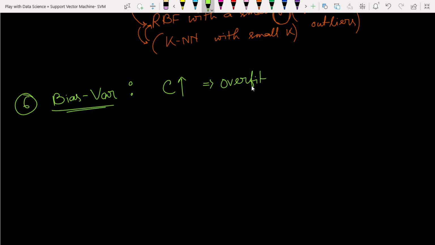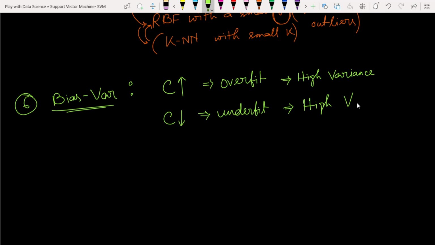This means we are making high variance. And if we decrease the value of C, then we are going to make an underfit model. This implies a high bias model.